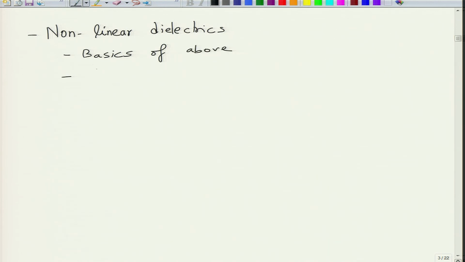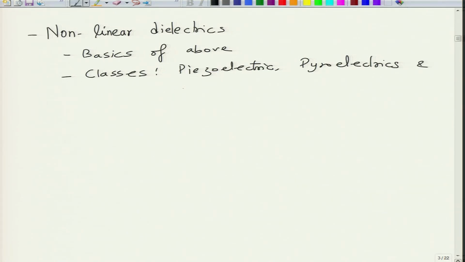Then we will look at the classes of materials. We will discuss each of them. So we will start from piezoelectrics, then we will go to pyroelectrics, and then we will look at finally ferroelectrics. All these three materials are technologically extremely important, and that is why it is important to understand the fundamentals of these materials, the classes of these materials.